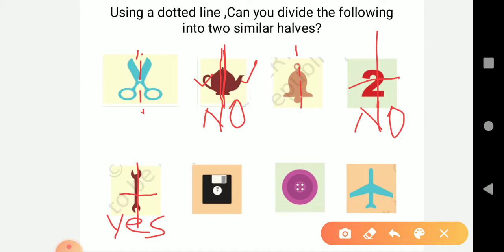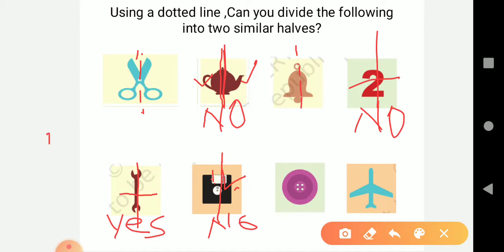That's why yes. Can you divide this picture into two equal halves? Yes or no? We cannot divide the given picture into two equal halves, because here one small square is given and on this side it is not given. So when we divide it into two equal halves, one side has a square shape and the second side does not. That's why it is also no.